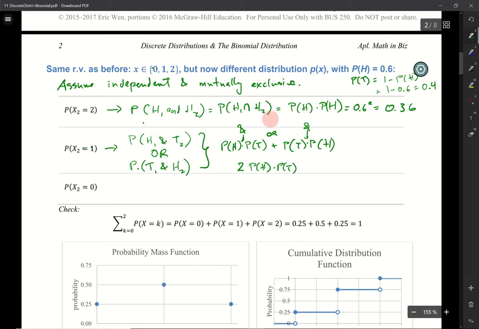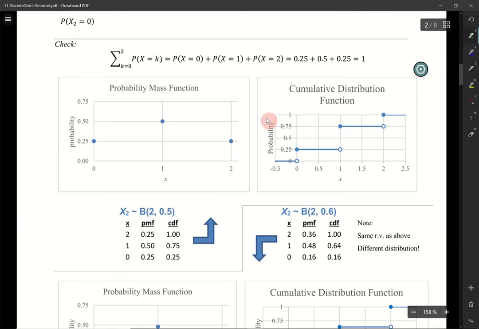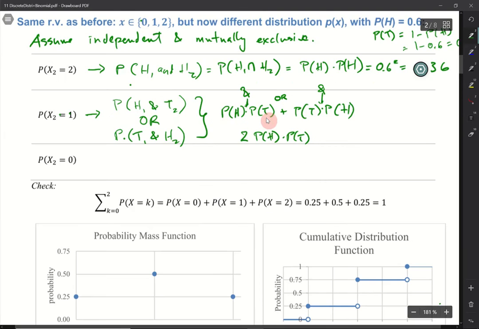And so this is equal to 2 times 0.6 times 0.4, right? So that's equal to 2 times 0.24, right?